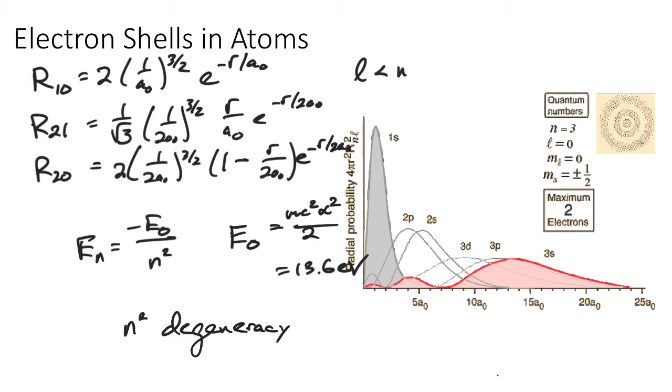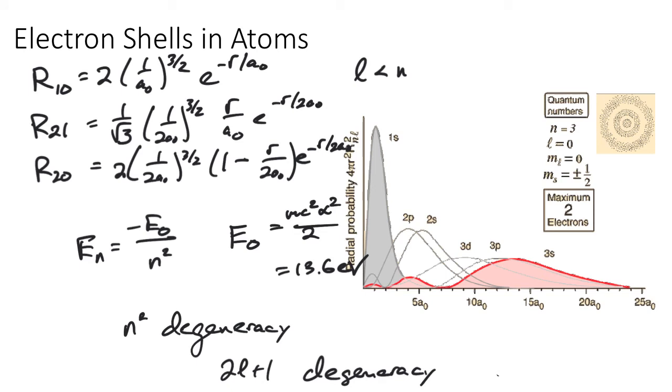And some degeneracy is not surprising. We have spherical symmetry, and since the m values are defined with respect to some z-axis, we expect that if we change that around to some other axis, it shouldn't matter, and therefore there should be a 2l plus 1 degeneracy due to the spherical symmetry.